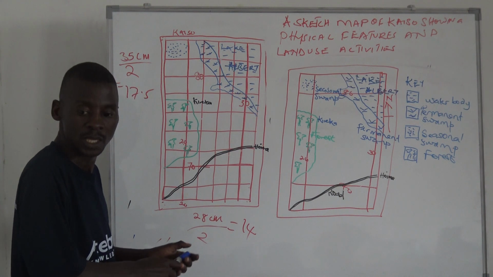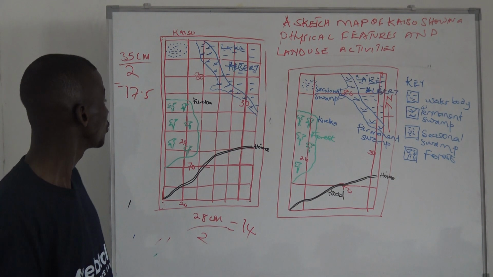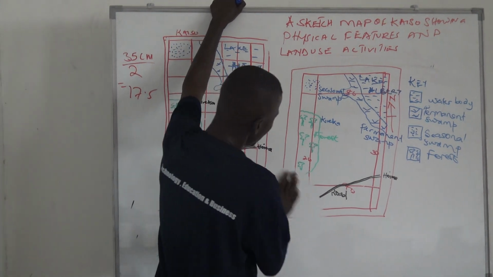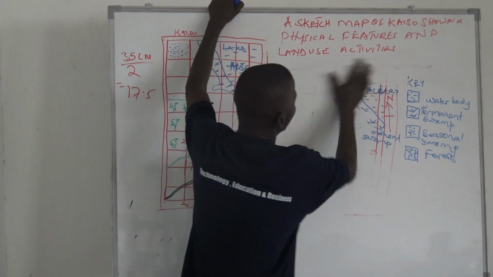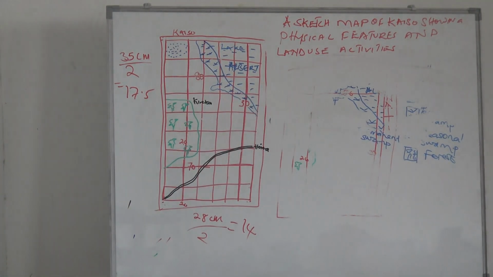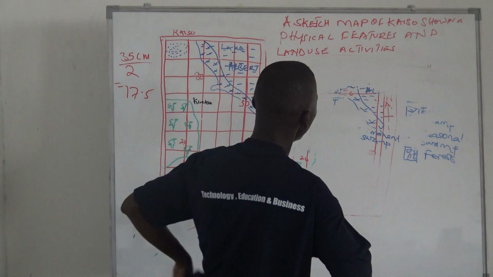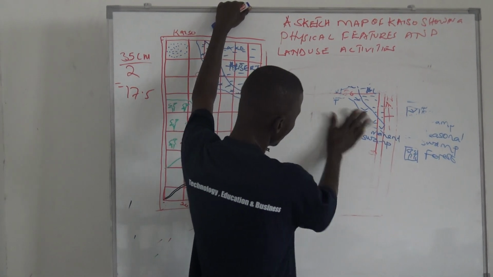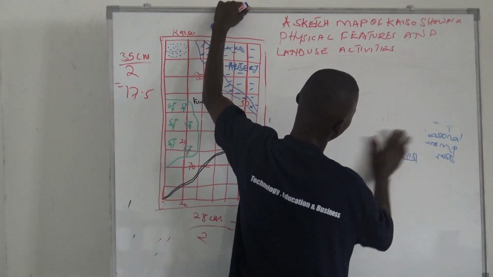However, sometimes they don't ask you to reduce. They don't give you the reduction in a figure. The question may not require you to reduce, and so if it does not require you to reduce, you can just see the map extract and draw.